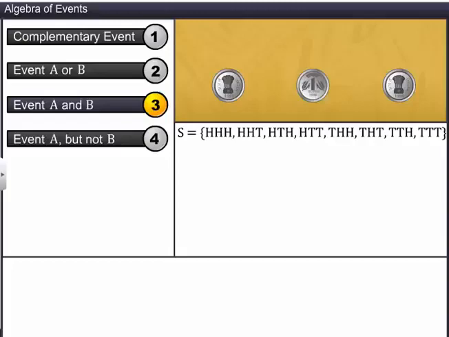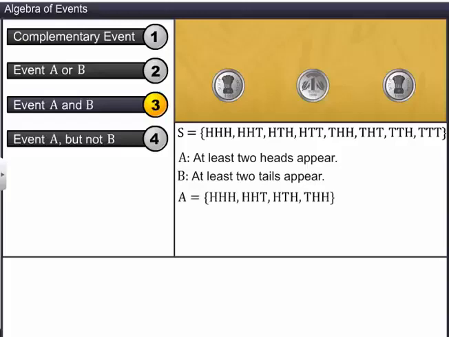Therefore, the outcomes of the events are obtained as shown. Now, event A and B is a null set because there is no common element between A and B. This implies that both the events cannot occur at the same time, and thus they are exclusive to each other. Such events are called mutually exclusive events.